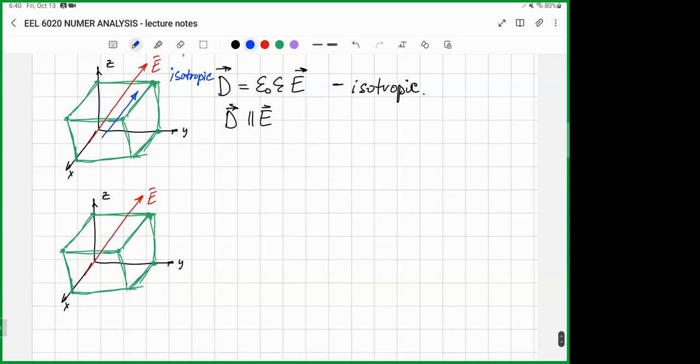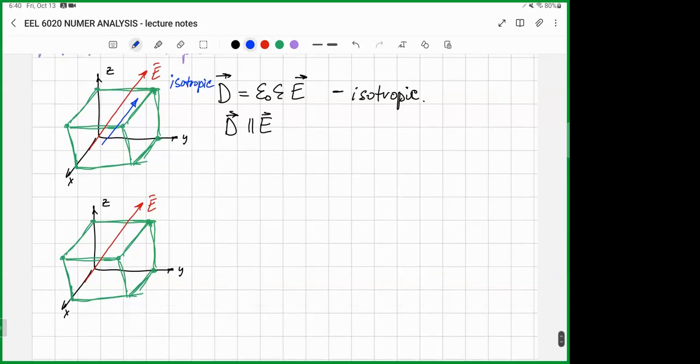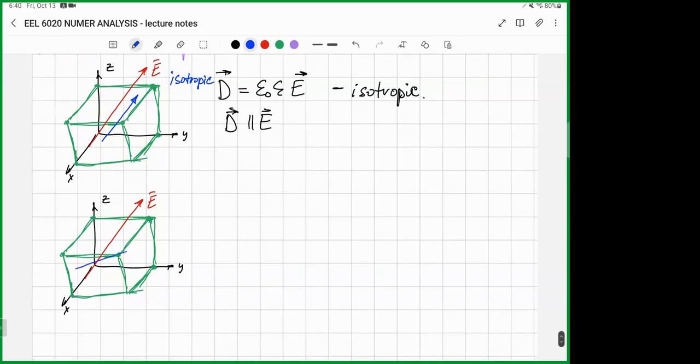But what about the other materials where applying the electric field creates this vector D, or in other words, creates polarization in a very different direction, like this direction. And then when I change the orientation of this crystal or the orientation of the electric field, it will also change the vector D, but in some complex way.